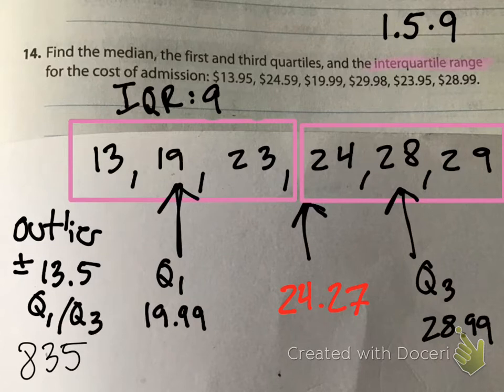For our Q3, if we add that 13.5, that goes way above, so none of the ones above are outliers. If we subtract that 13.5 from 19 point whatever, we get 6 point something. All of these numbers are within the system. We don't have any single outlier.